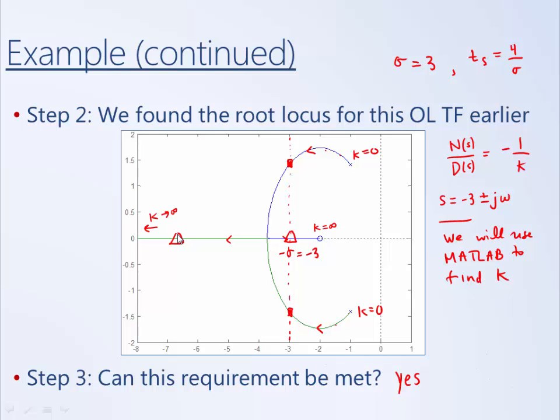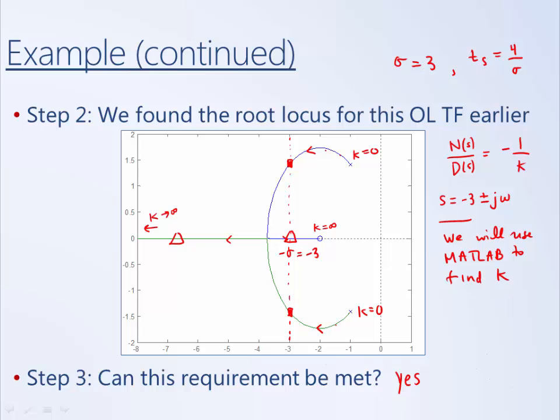However, if you recall that the slower pole dominates, this pole is slower. The pole with the smaller real part is slower. So this pole will dominate. So even though we have two poles where only one of them has the sigma we desire, this pole is faster, and so its contribution will be less, and this pole will dominate.